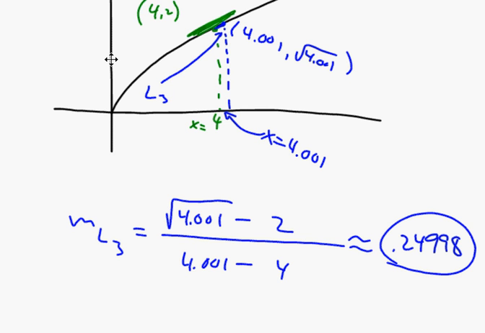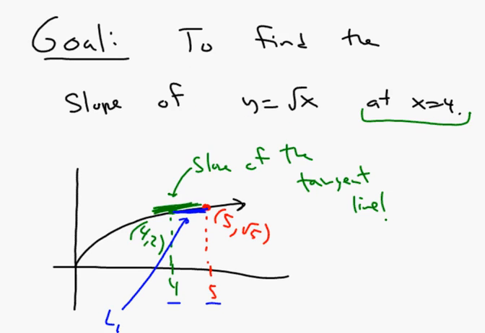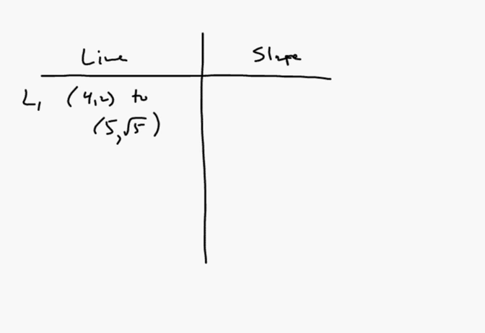Okay. So I think we're just about ready to start drawing some conclusions, right? Let's think about our different secant lines and their slopes and what's happening to them. So maybe we'll make a little chart here. This is going to be the line, and this is going to be the slope. So we had line L1, which went from the point 4, 2 to the point 5, square root of 5. And that gave us a slope of 0.2361.